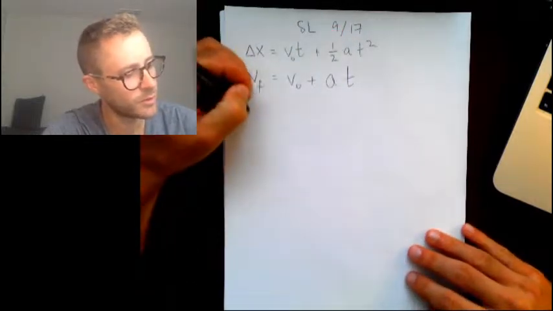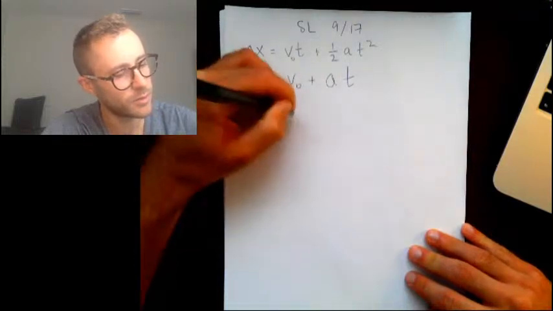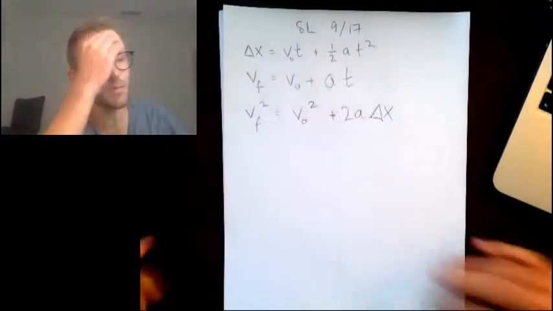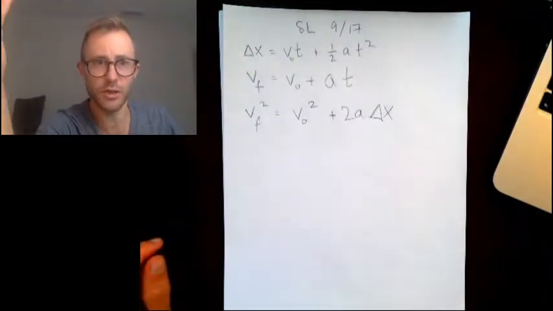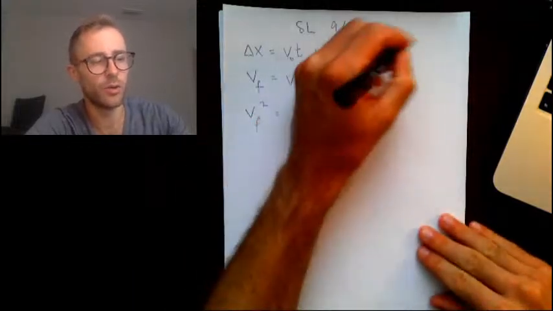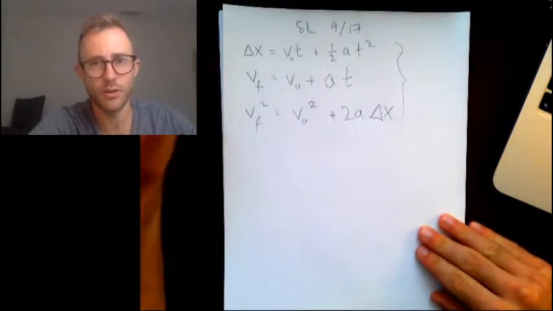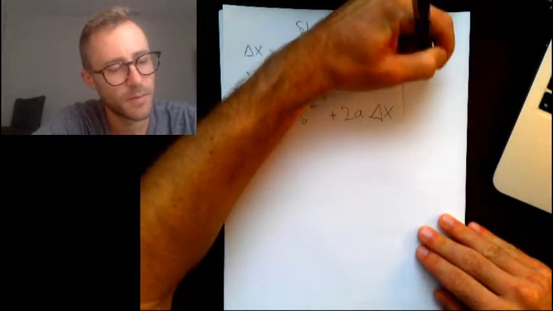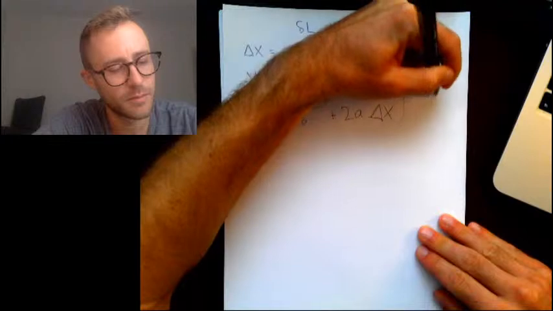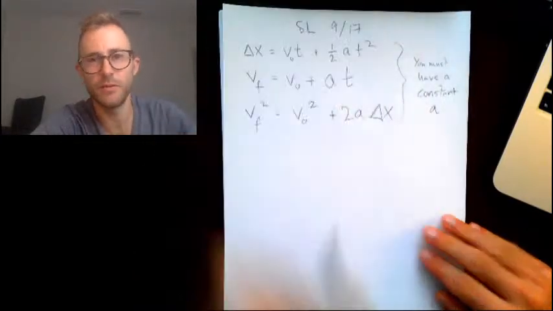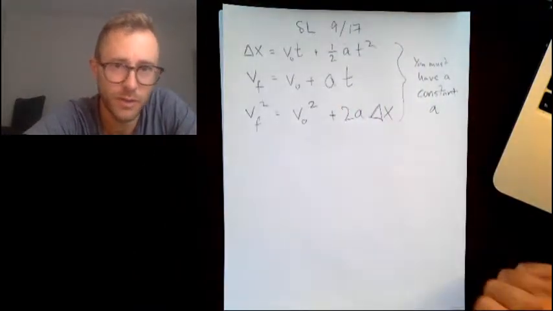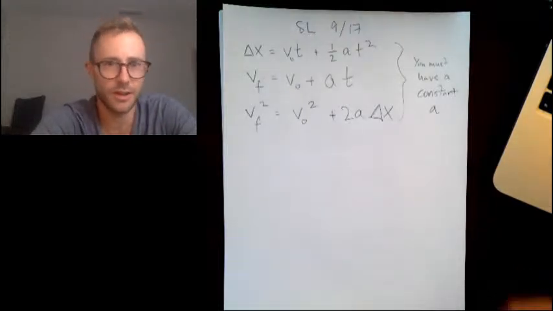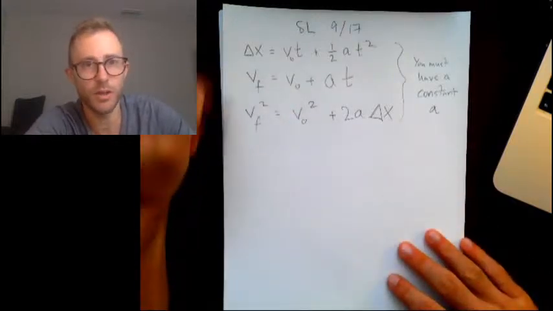And then v final squared equals v initial squared plus 2a delta x. These are called the kinematics equations. In order to use these equations, you must have a constant acceleration. If you do not have a constant acceleration, then these equations are not true. So constant acceleration is the condition in order to be able to use these equations.